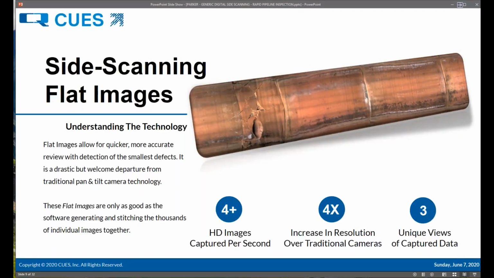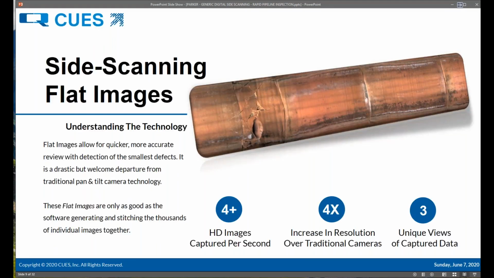So the idea of reviewing pipes in a flat format is really tough to grasp at first glance. It's definitely a drastic departure from using a traditional camera, having to stop at every joint, having to stop at every lateral. Essentially, side scanning is the complete opposite of what we're all used to doing. You have a strong viewing angle on digital side scanning, which allows for you to do these inspections without stopping.